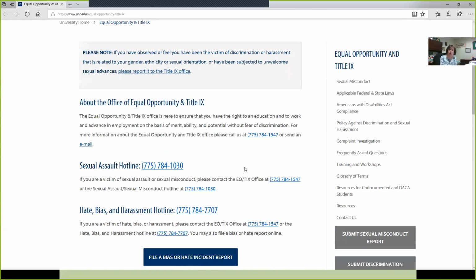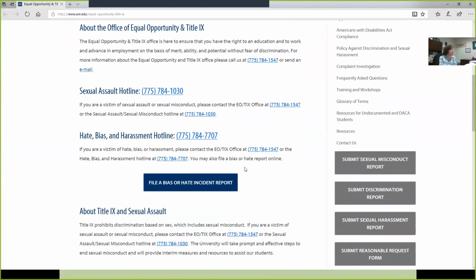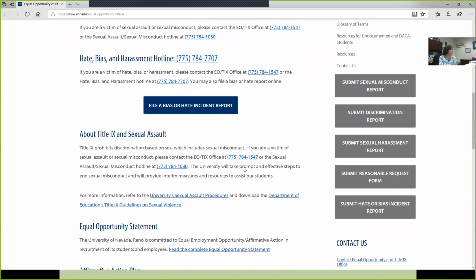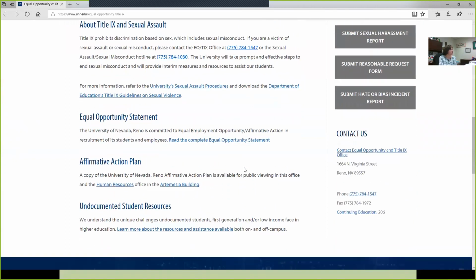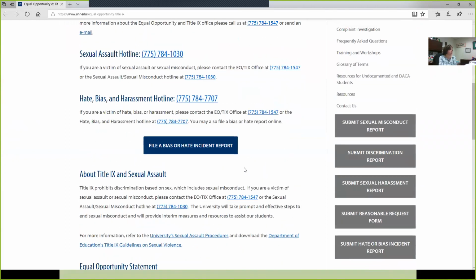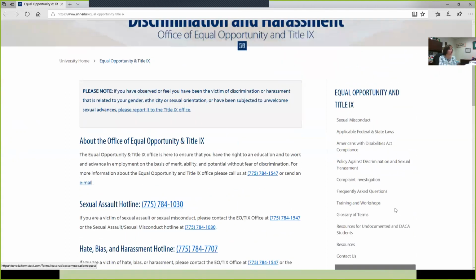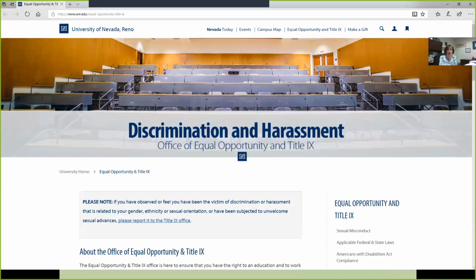If there's a hate or bias incident report, then there's a different form to fill out. But again, this is the website. So you can see sexual misconduct, discrimination, sexual harassment, reasonable request. So this might be if you need accommodations, or a hate or bias report. So everybody now has that website.